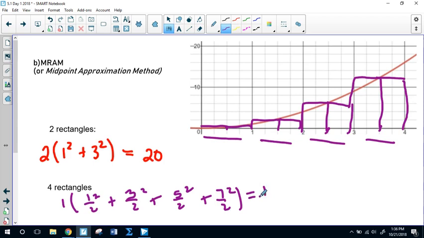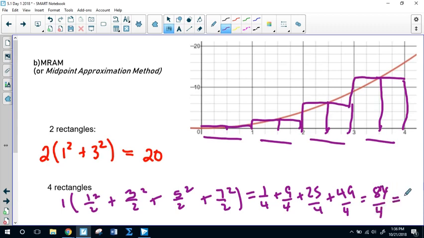Okay, so I've got 1/4 plus 9/4 plus 25/4 plus 49/4. When I add all that up, I end up with 84/4, which is 21.